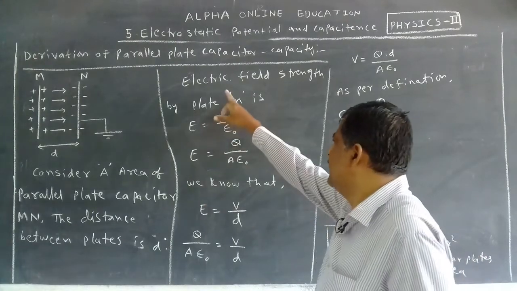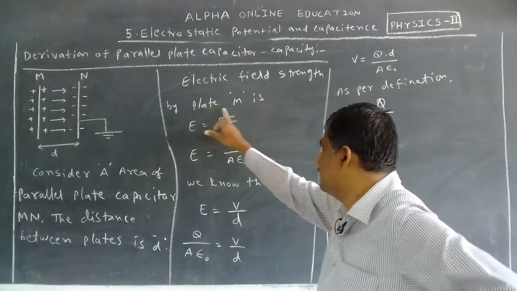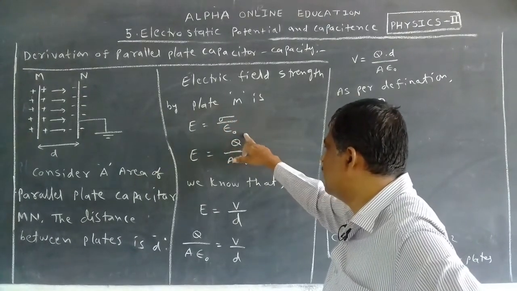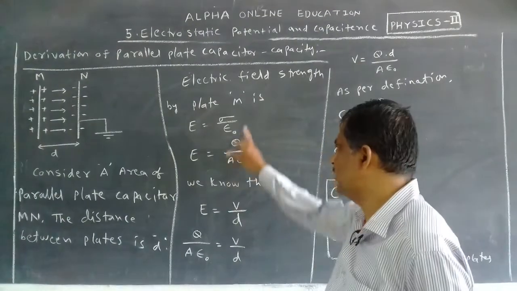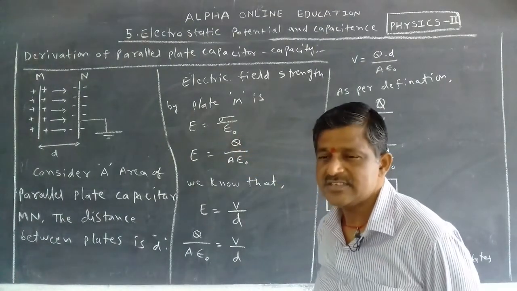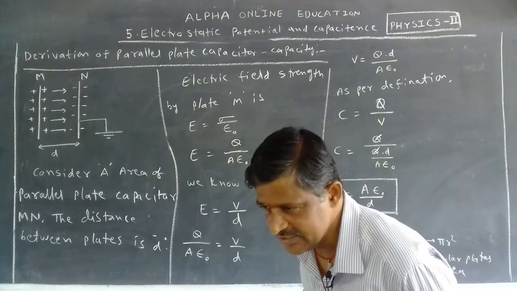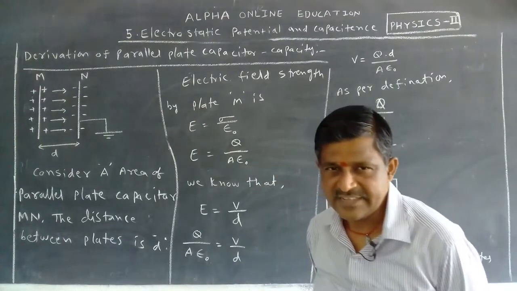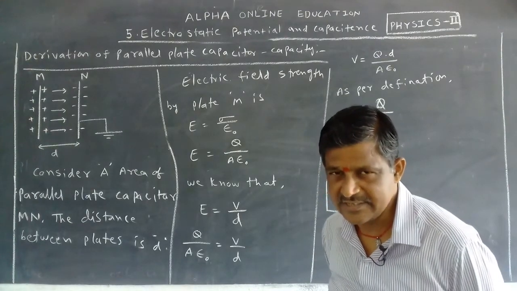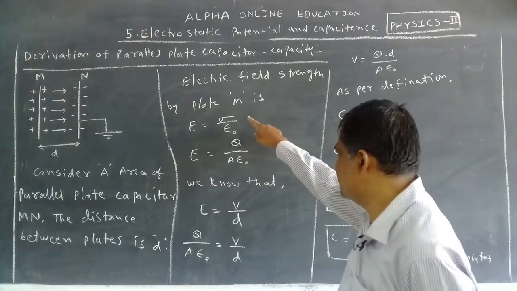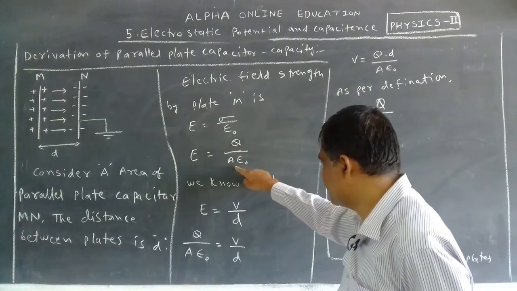Electric field strength by the plate M is equal to how much? Sigma by epsilon naught. What is sigma? Sigma is called surface charge density, means surface charge density sigma is equal to charge per area.